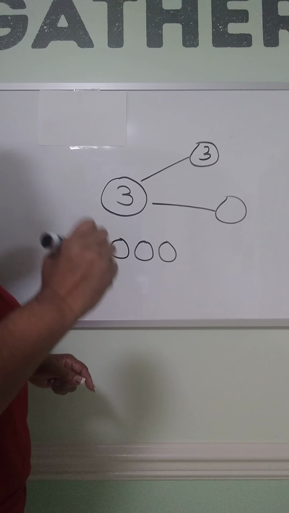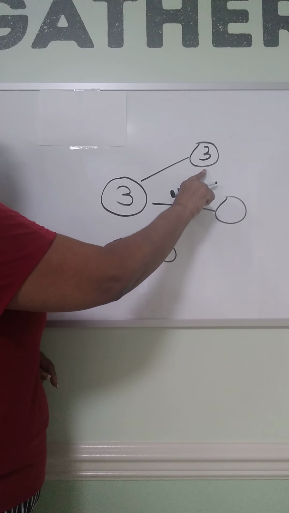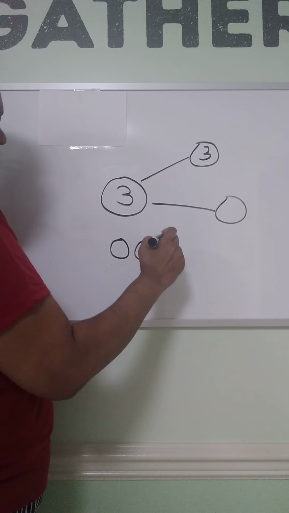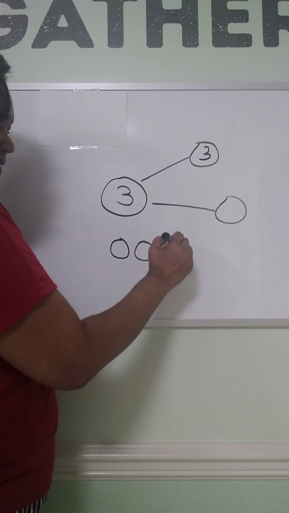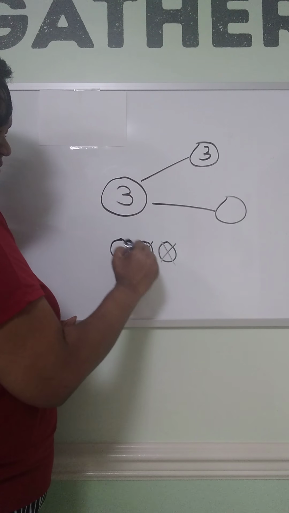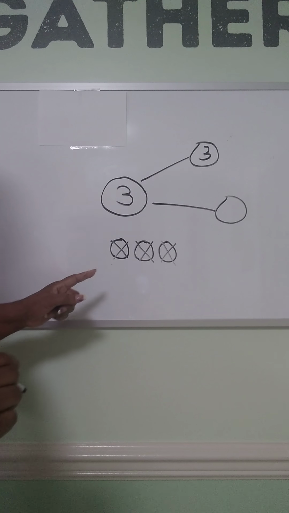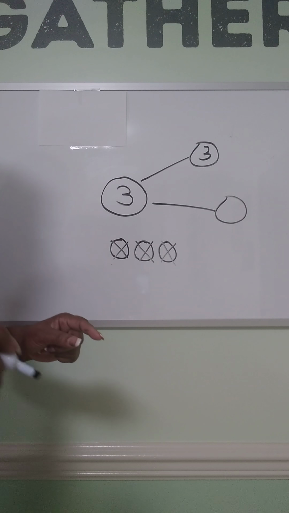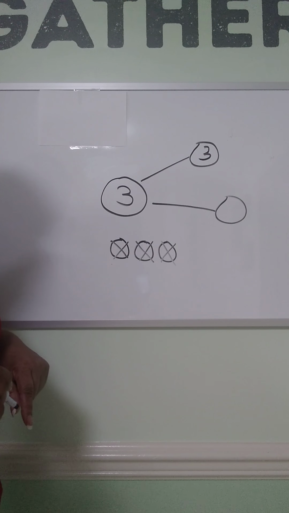Remember, we X out the numbers that we don't need. So we're going to X out 3. 1, 2, 3. Now we have to see how many we have left. How many circles do we have left? Don't let it trick you.